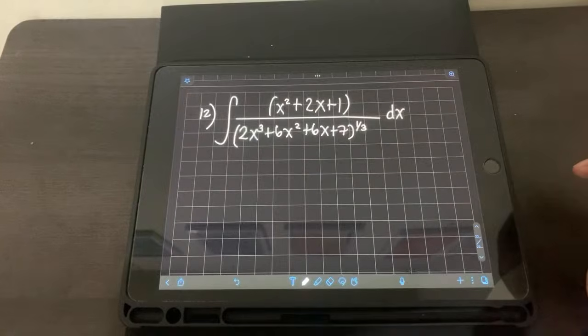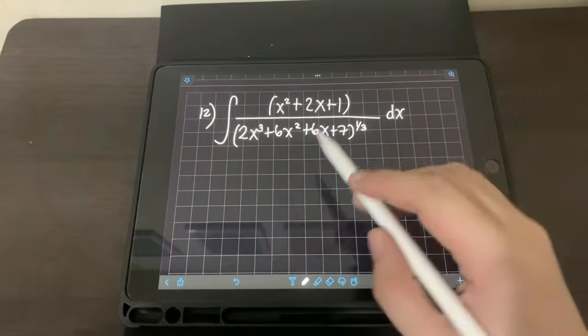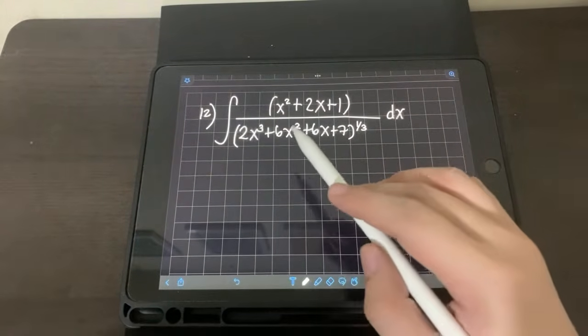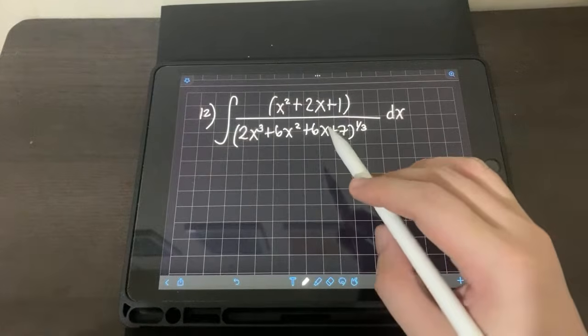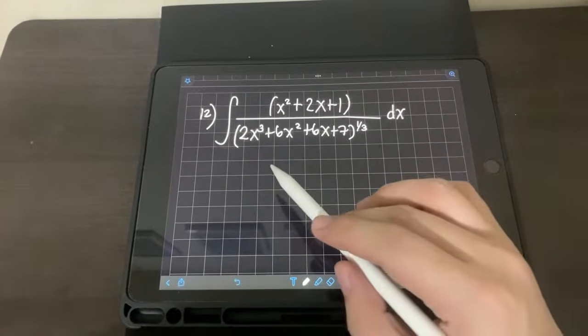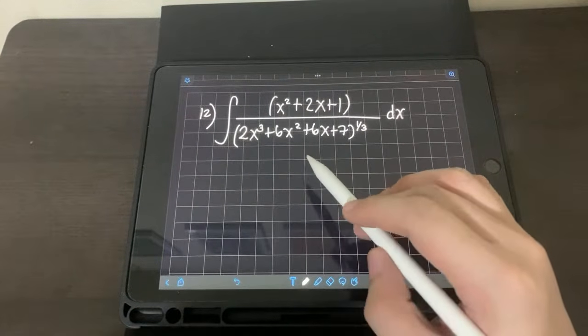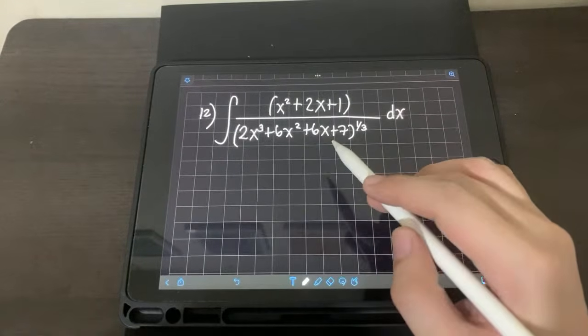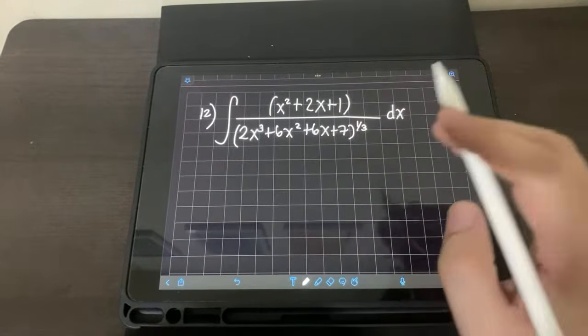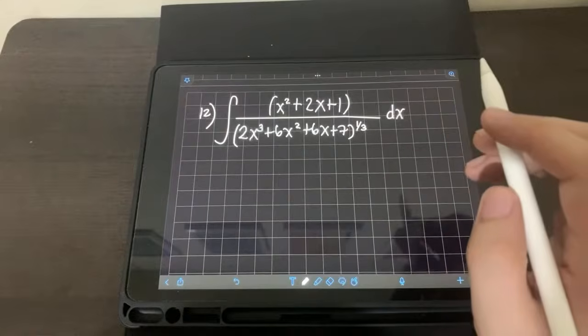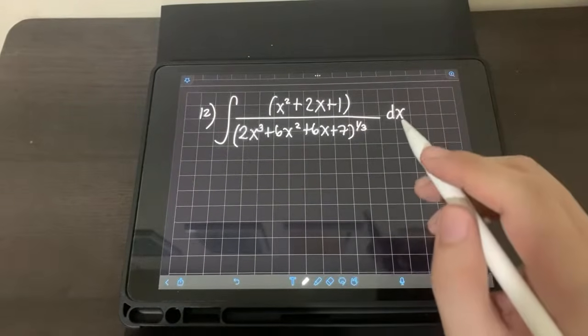Okay, so how do we evaluate this integral? So, you have the integral of x squared plus 2x plus 1 over 2x cubed plus 6x squared plus 6x plus 7 raised to 1/3. Again, we can apply U-substitution first.